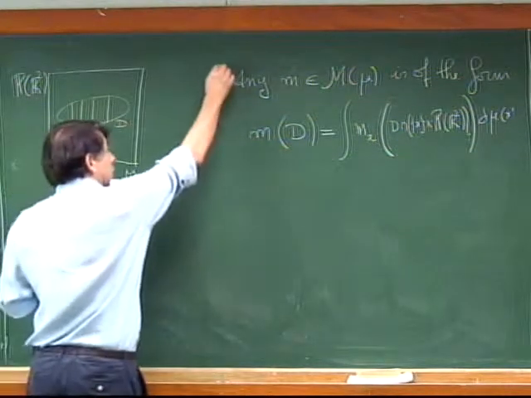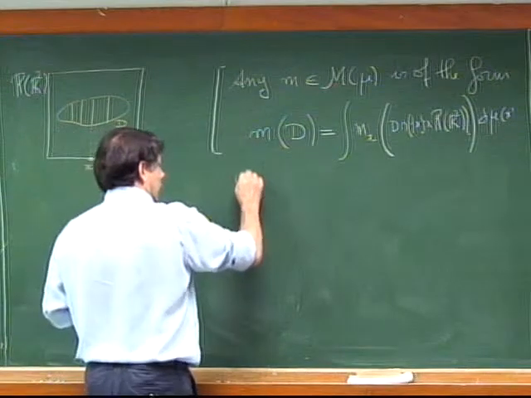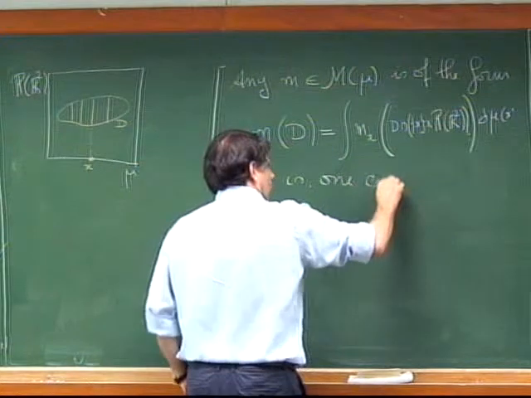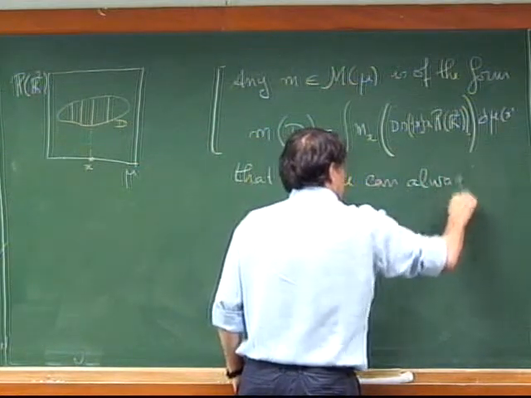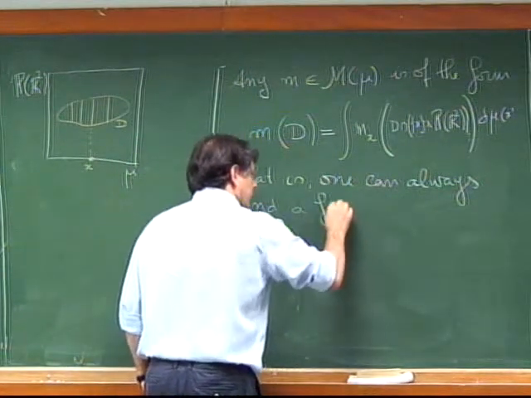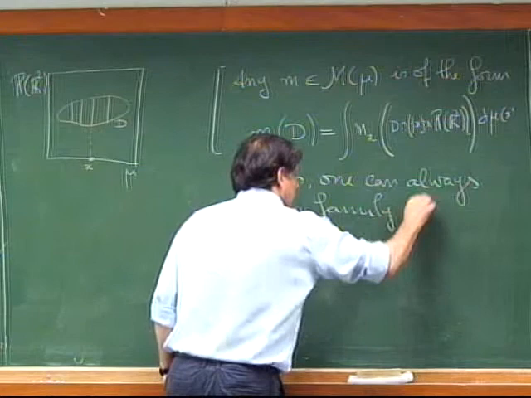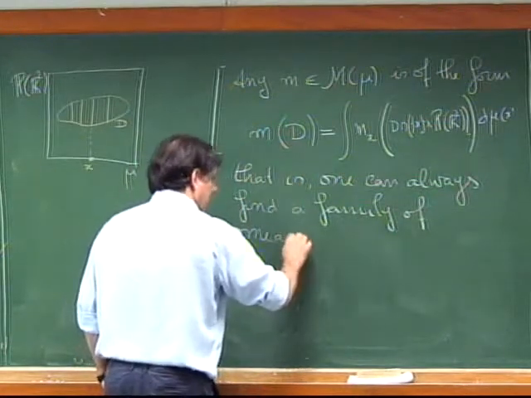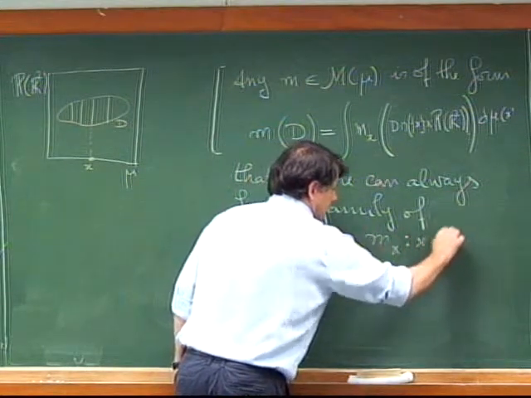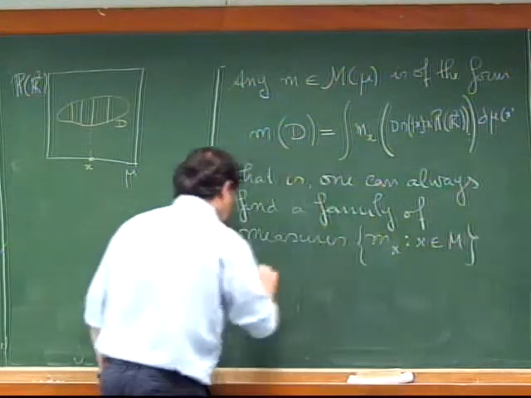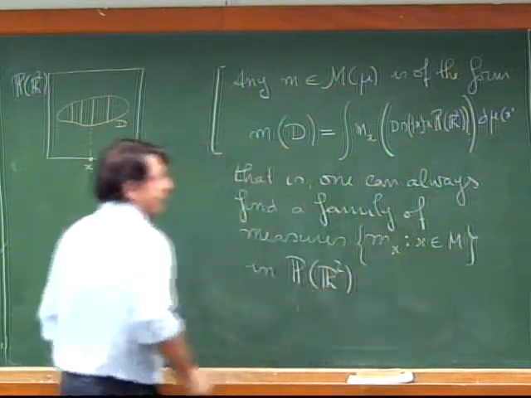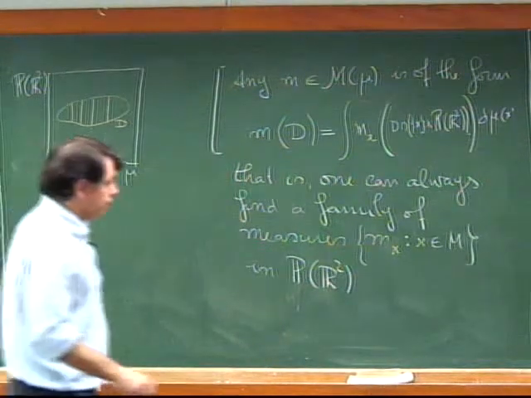What I'm using here is, one can always find a family of measures m_x in projective space such that this is true.